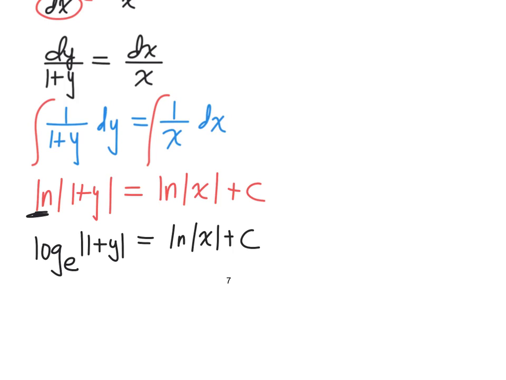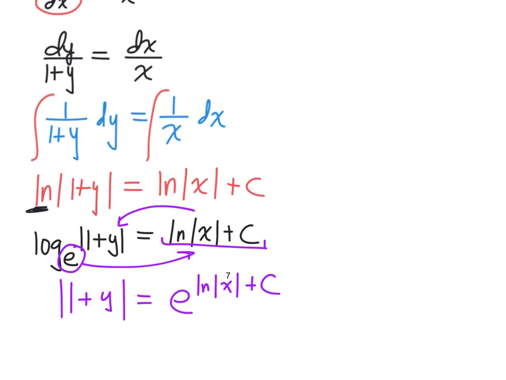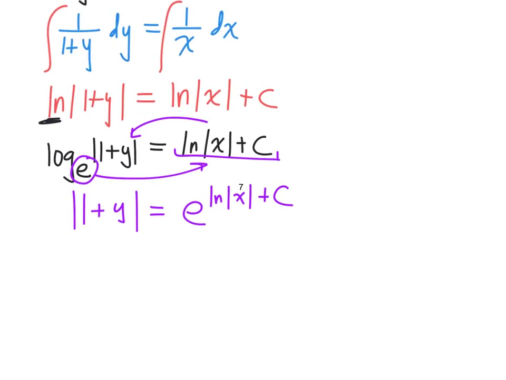All right, so I'm going to apply a little Lagrange action and write this as 1 plus y equals e to the ln x plus c. Talked about this last time.